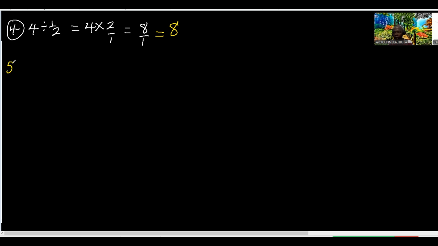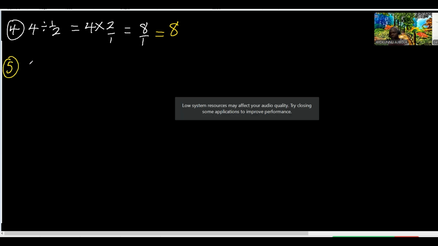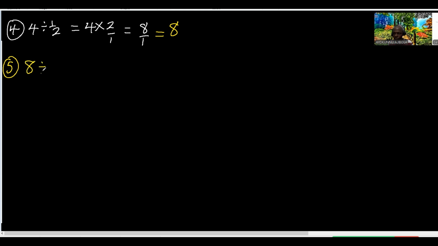So number 5, I said 2 before, but it's just for better understanding before I give you what to do. Number 5, 8 divided by 2 over 3. So tell me what to write. Look up. You write 8 times 3 over 2. So can anything divide themselves there? 8 and 2.